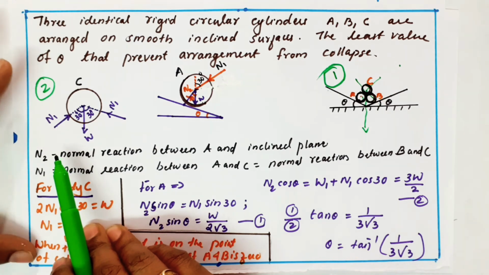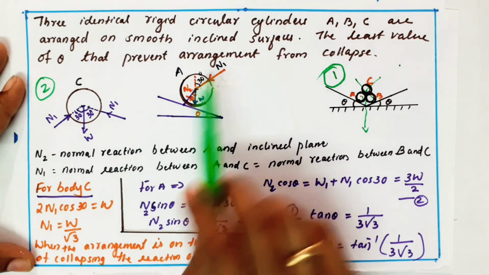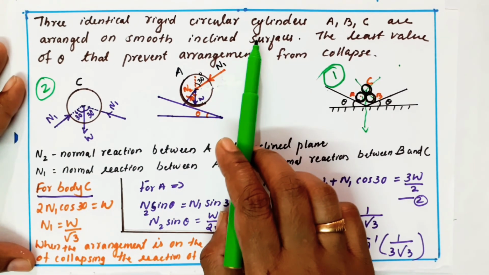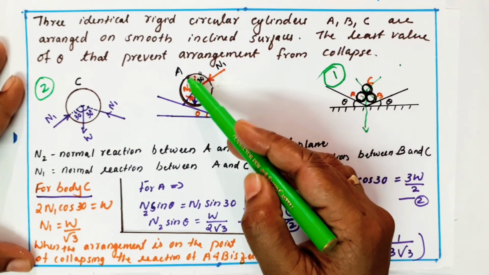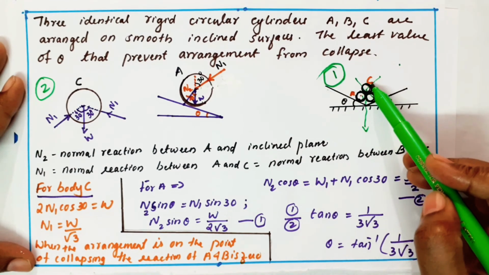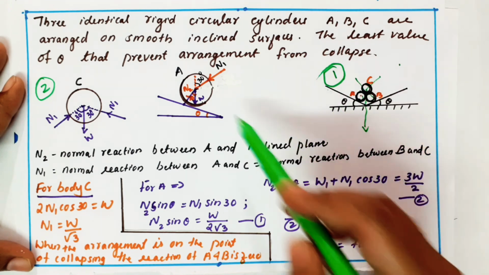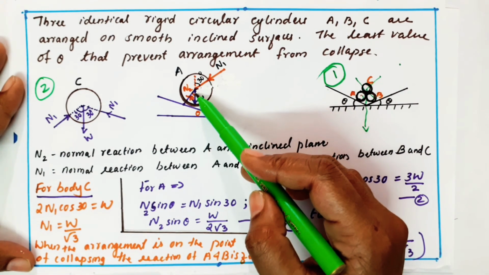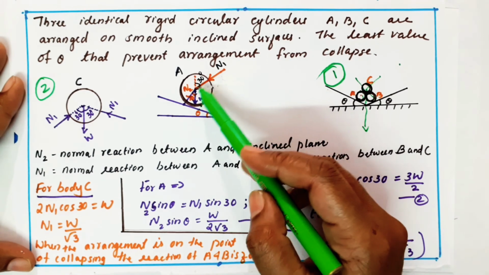Right? Then after that, they are given here. This one, we are just taking here, the weight of the body will be there, the W. Then you see, there is one block here, this A. If you take A, you have to take the weight of A, that is W. Other than that, we know that there will be a normal reaction.